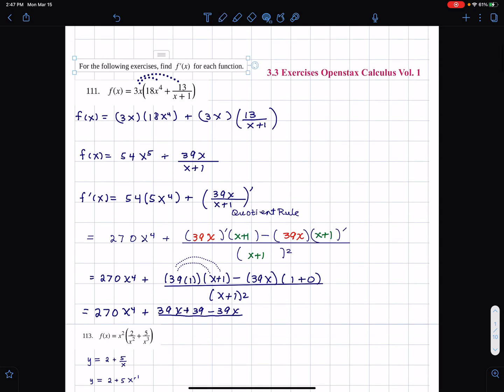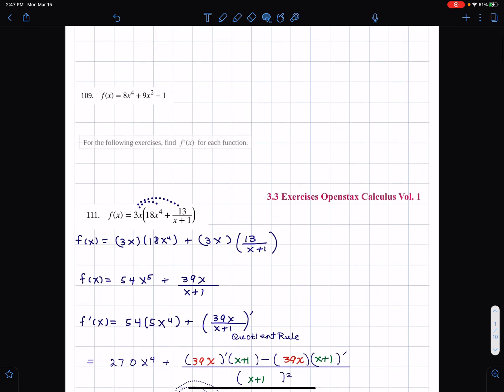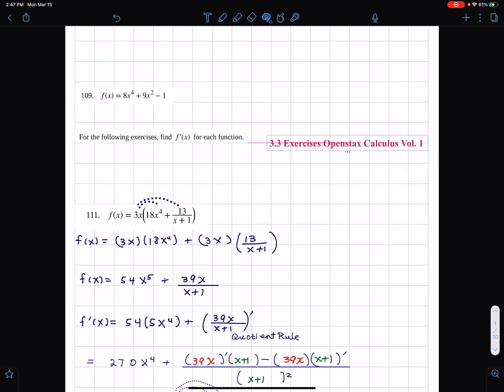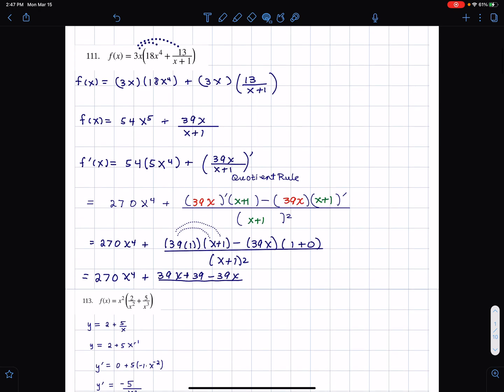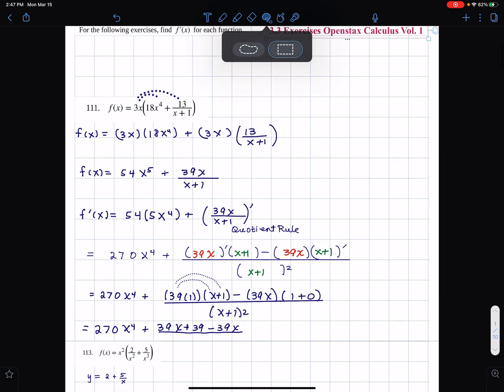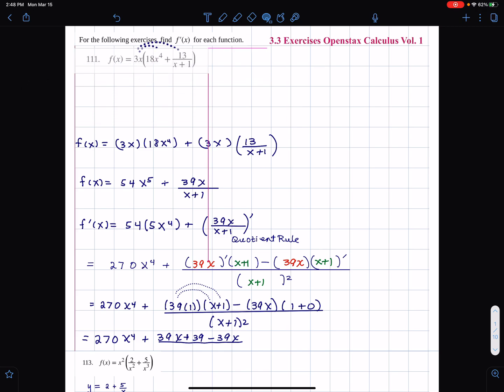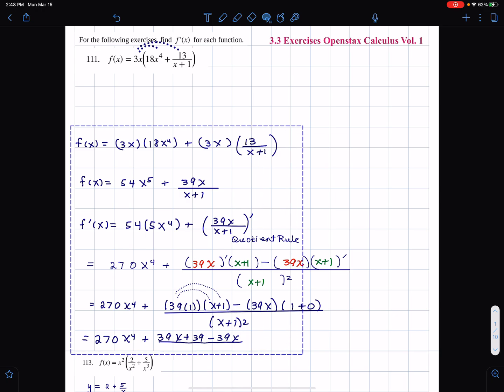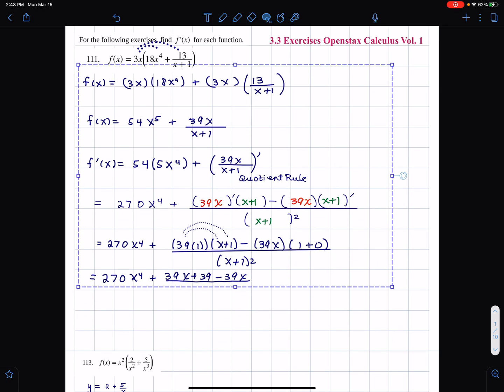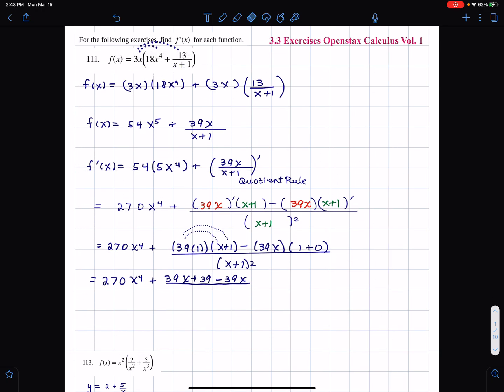I felt like I had a lot of space here, but apparently I didn't have as much as I thought. That could make a problem wrong, being cramped and then getting flustered and making a mistake just by not having enough space. But oh well, now I just fixed that.